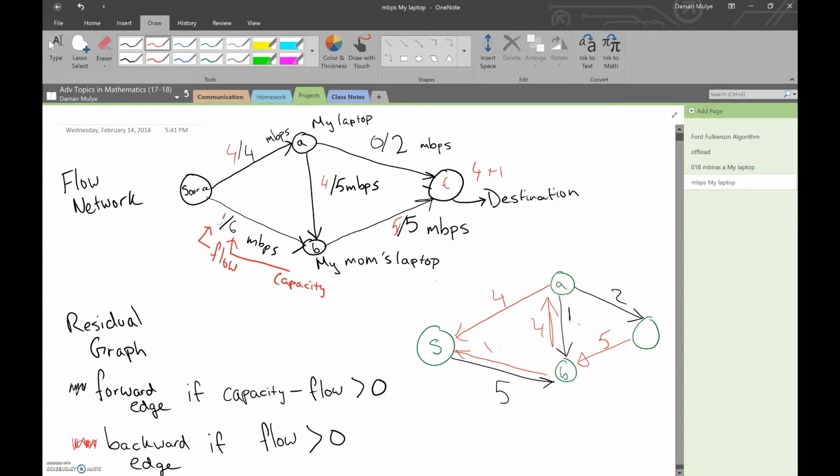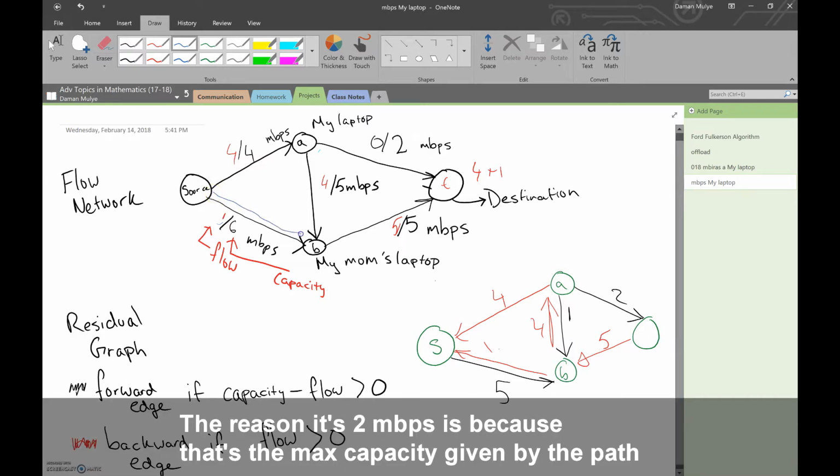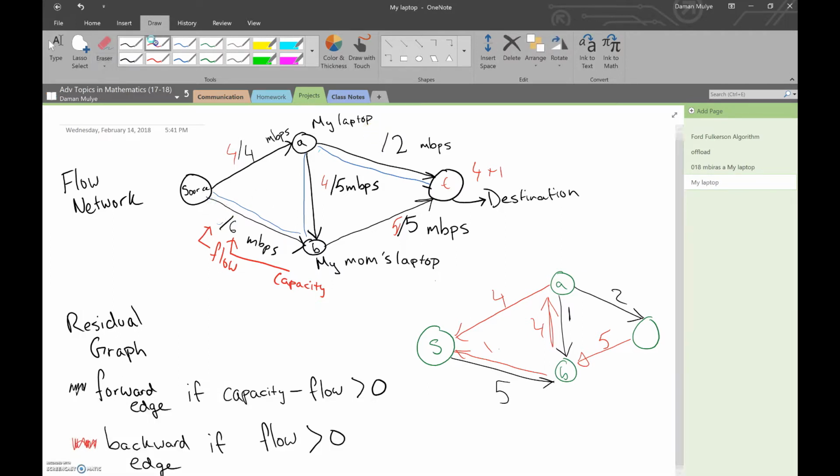So what I can do is go back to my flow network and say, okay, I'm going to ignore the direction of the edges for a second, and I'm going to send 2 megabytes of data through this blue path right here. 2 megabytes of data. So let me add those two values over here.